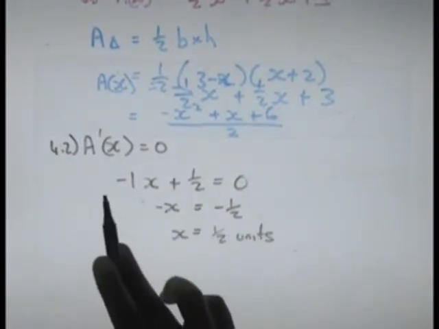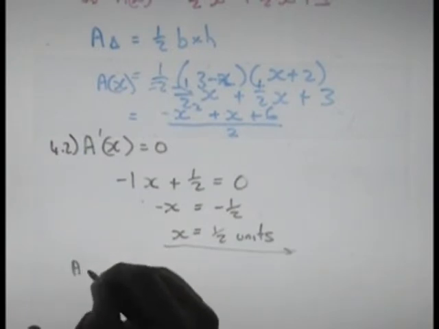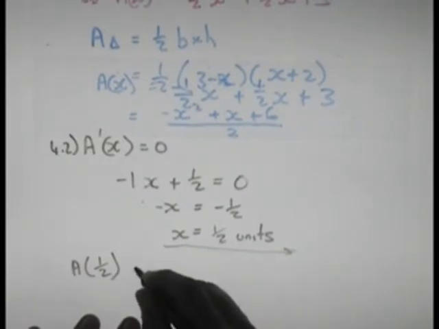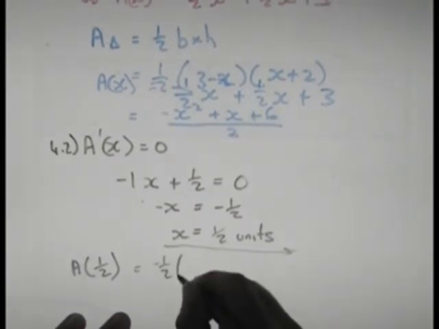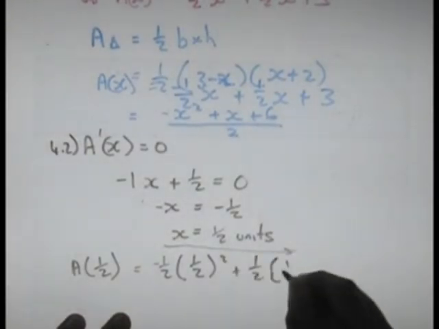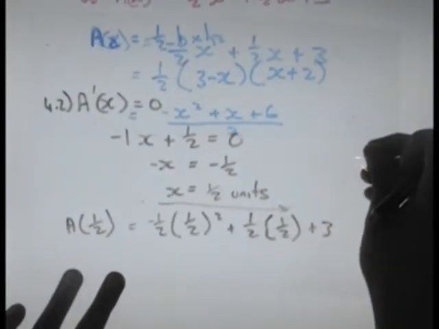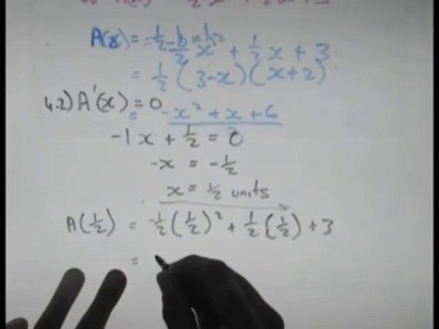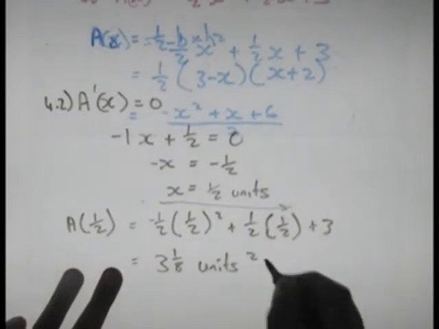This is only my x value, which gives me my maximum area, but my maximum area is given by area as a function of the x value that gives me my maximum area, which is equal to negative a half multiplied by a half squared plus a half multiplied by a half plus 3, which will yield an answer of 3 and 1/8 units squared.